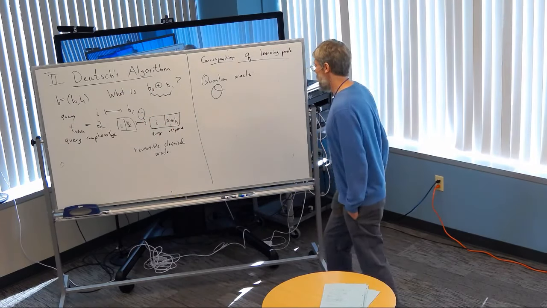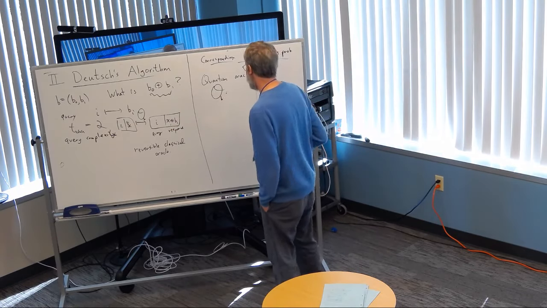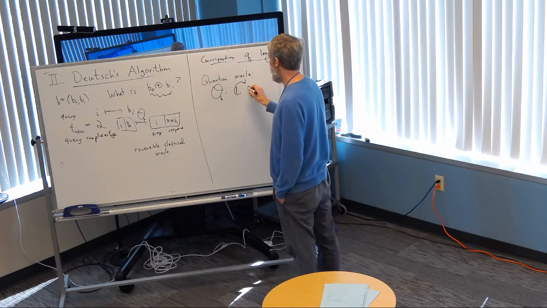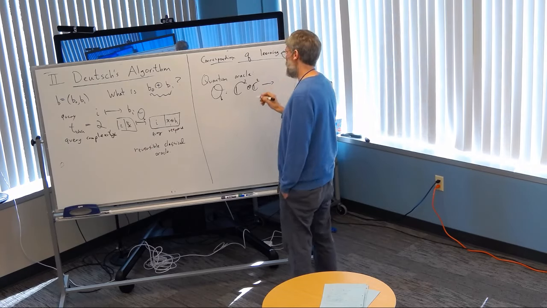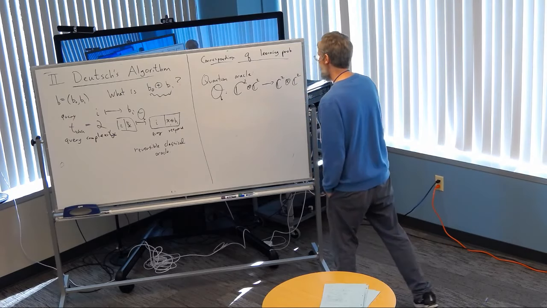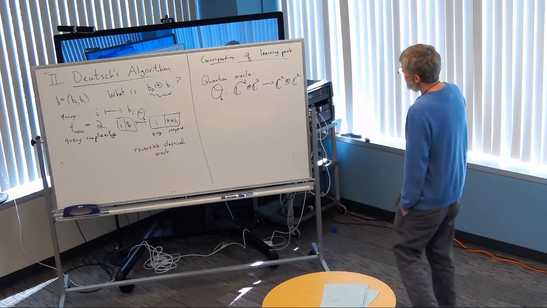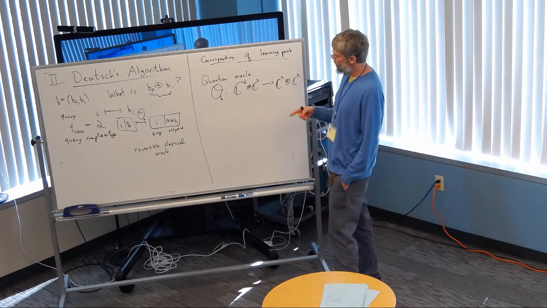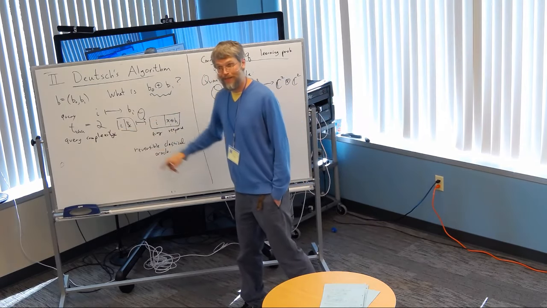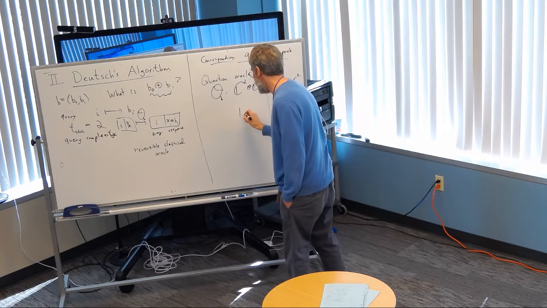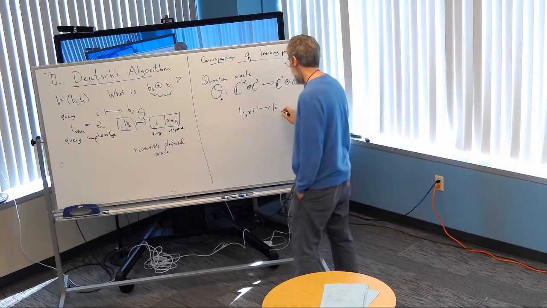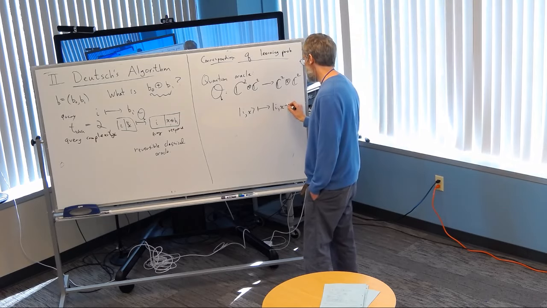This function depends on b. It's going to be a function that takes in a pair of qubits, C2 tensor C2, and returns a pair of qubits, C2 tensor C2. To tell you what a linear map is, all I have to do is tell you what happens to a basis of this space. The basis of this space consists of pairs of bits. So I'm going to tell you exactly what it does. It sends I, comma x to I, comma x plus b sub I.